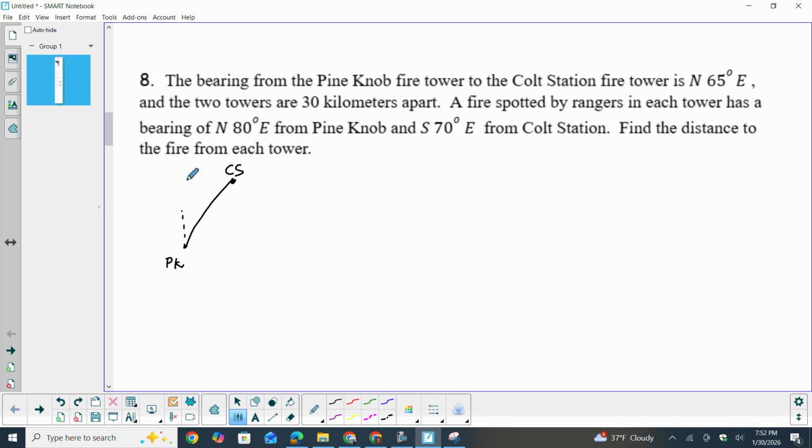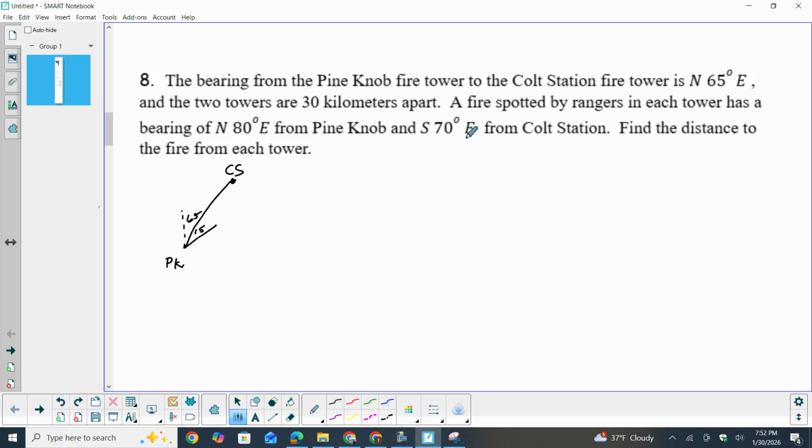So here's north. 80 degrees puts it somewhere over here. I'm not going to draw where because I don't know where. I'll just go off in this direction where this is 15 degrees, because this is 65 and the fire is 80 degrees.